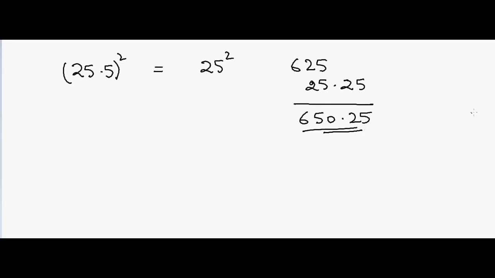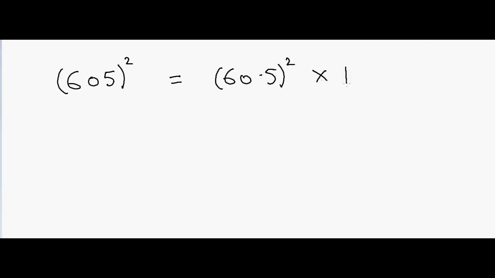And this method can also be used to do squares for larger digits. For example, if I have 605 and I want to do the square of this number, I can also write this as 60.5 square into 100, right?